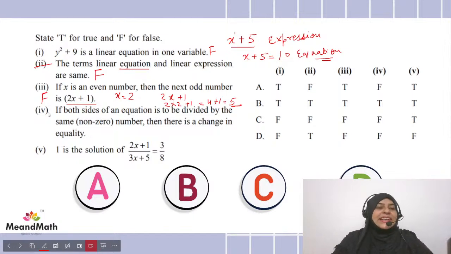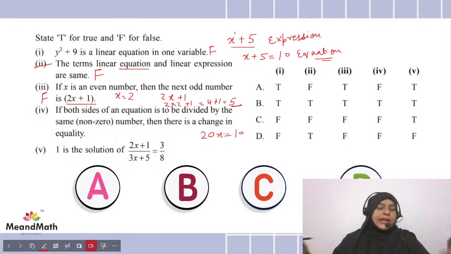Let's try to understand the next statement. If both sides of an equation are divided by the same non-zero number, then there is a change in equality. So let's take a number. Suppose it is 20x equal to 10.